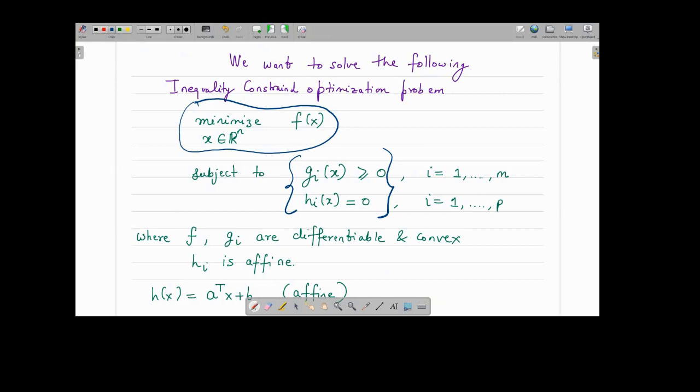So you have to minimize some function f(x), and you are trying to constrain that solution based on these constraint sets which are here, like g_i(x) greater than or equal to 0, h_j(x) equal to 0. I hope you are aware of these types of conventions. In your optimization course you must be seeing these things, right?